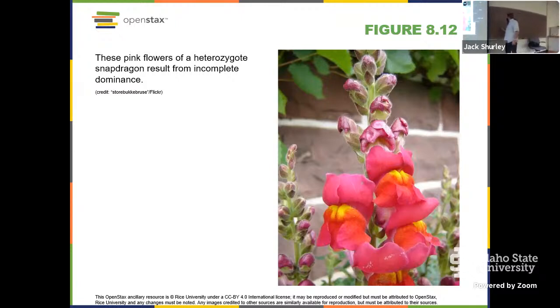So as we look at this with our Punnett square, our pink snapdragon, all right, we will call the heterozygous condition a big R, little r, right? And that gives us pink for our snapdragon, right?